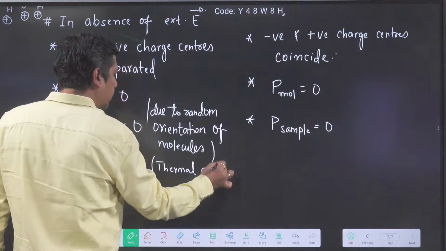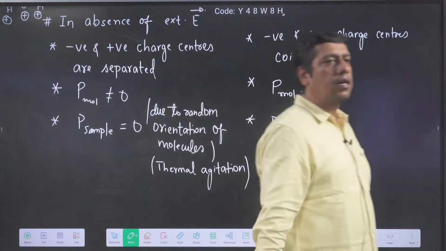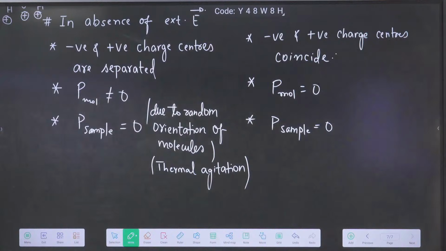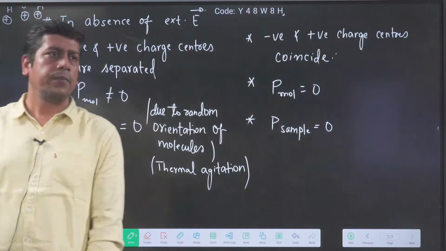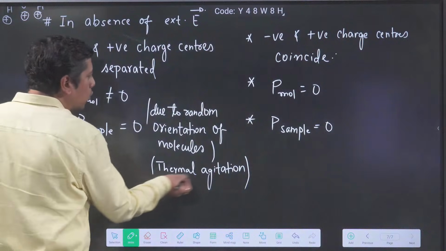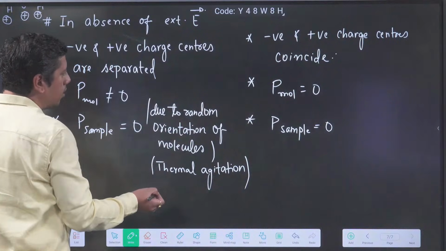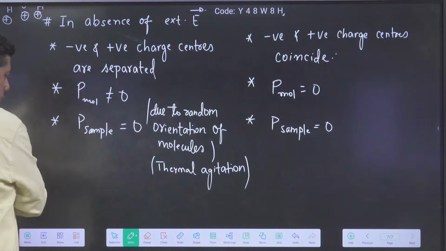Thermal agitation. Due to temperature, any temperature above 0 Kelvin, due to thermal agitation, the orientation of the molecules will be quite random.